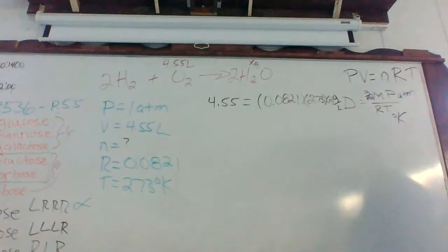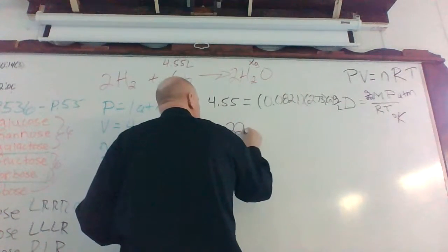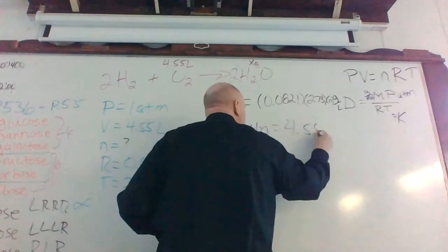You can make that presumption, 0.0821 times 273. What a coinky dink, 22.4, right? That's what you got? Well, we're going to use 22.4. So 22.4 N equals 4.55.